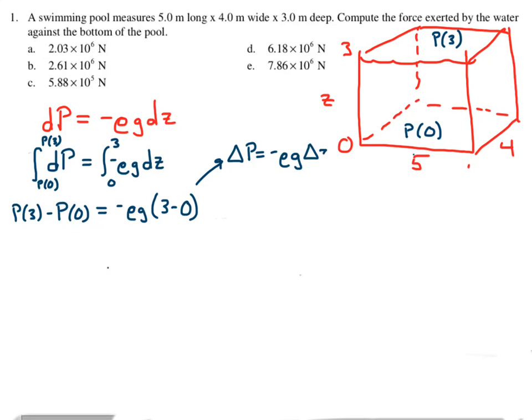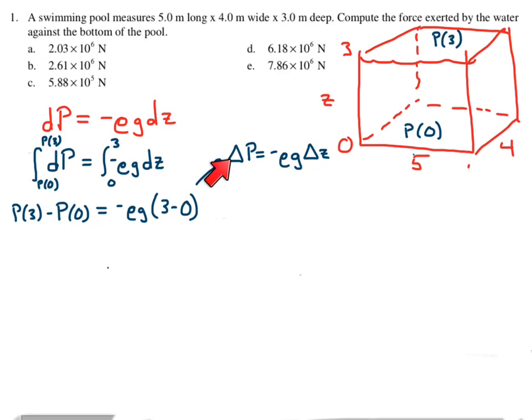Those of you who decided to not use the integral form, when you wrote this equation, delta P equals negative rho g delta Z, which was perfectly legitimate when the height difference is small, which it is, you also would come up with something like this.